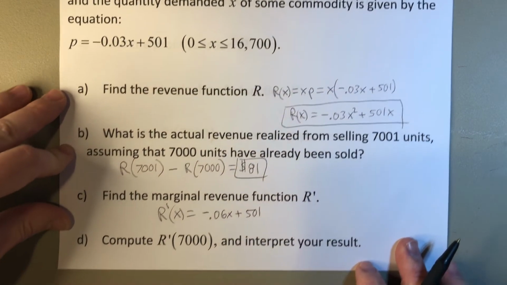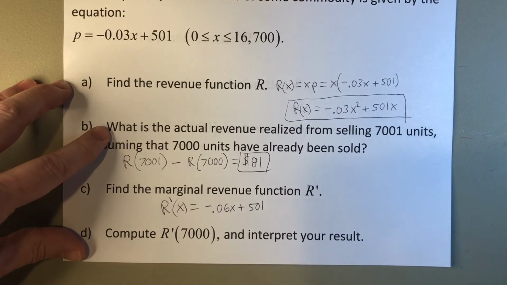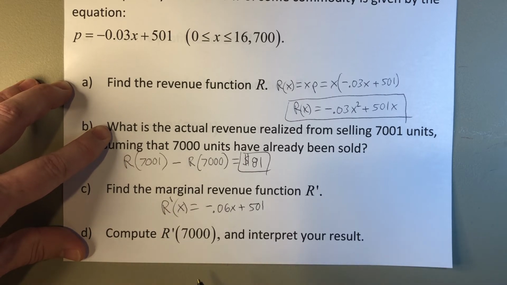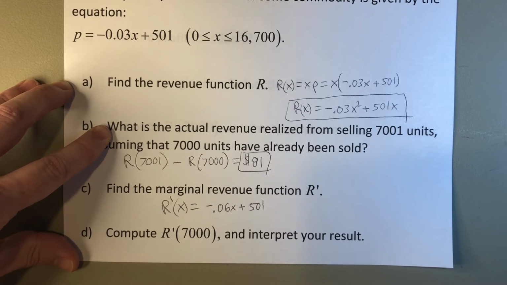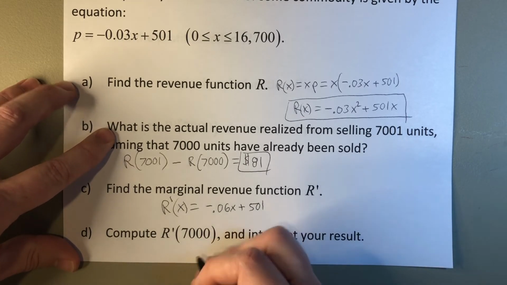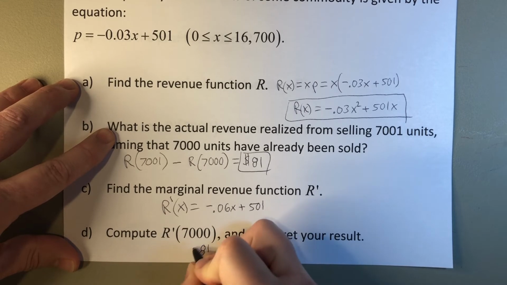All right, now we're going to find out what this is equal to. So to figure out what this is equal to, you're going to plug in 7,000 into this X, and that's going to give you the marginal revenue at 7,000 units. And it turns out to be, again, about $81.